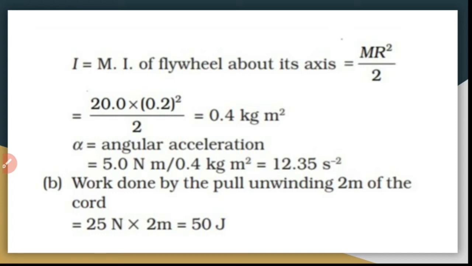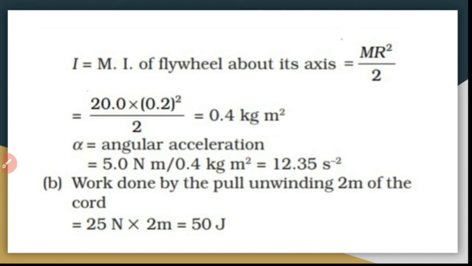The flywheel is a disc, so it is MR square by 2, which gives 0.4 kilogram meter square. Now substituting in tau equals I alpha, we have angular acceleration alpha as 12.5 radian per second square. So that is the answer to the first question.